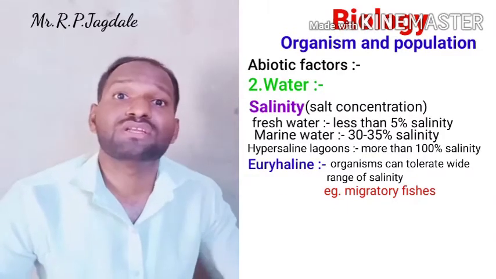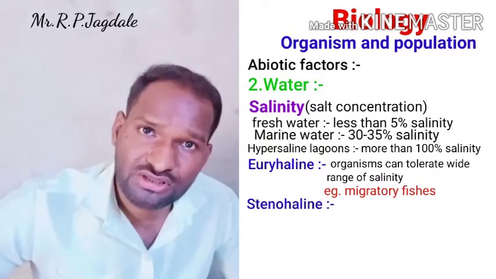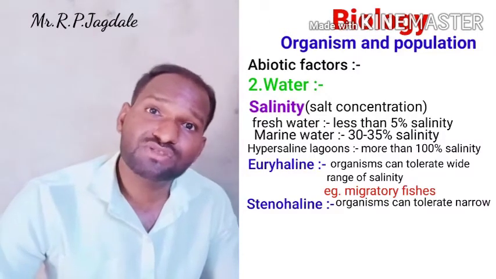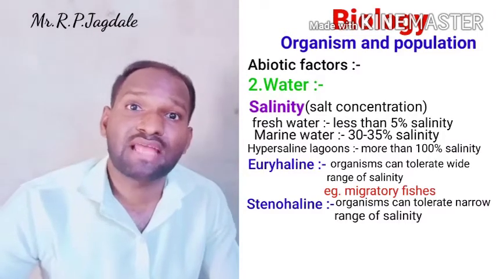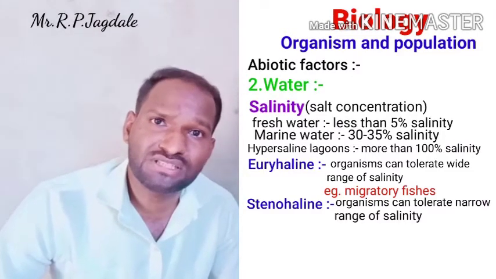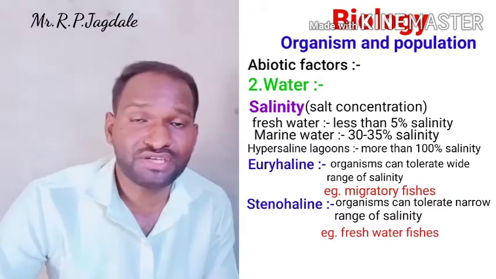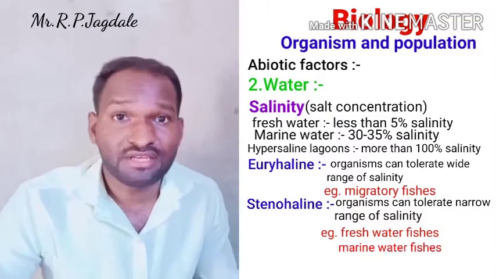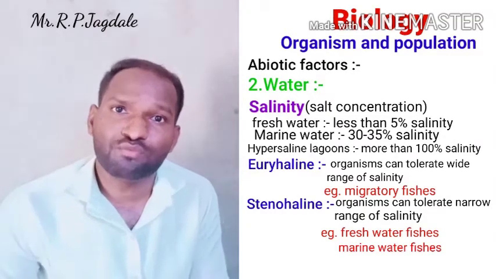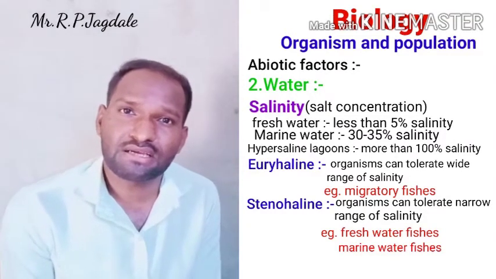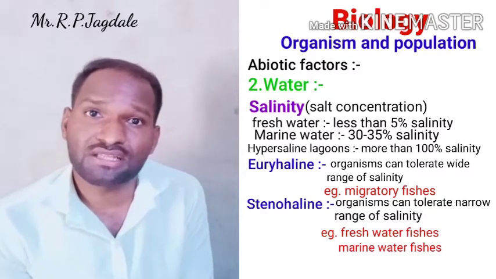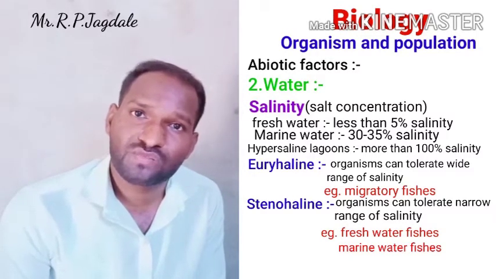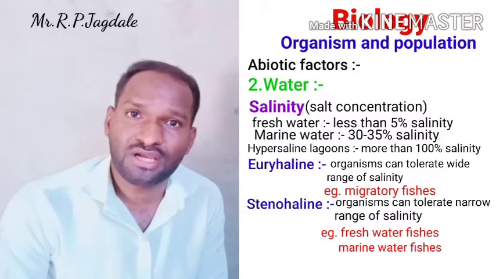The next one is stenohaline. Stenohaline organisms can tolerate only a narrow range of salinity. For example, freshwater animals and marine water animals. In fresh water only less than 5% salinity is there, and only then can the animals survive.